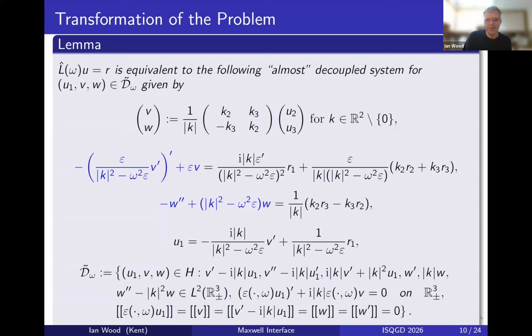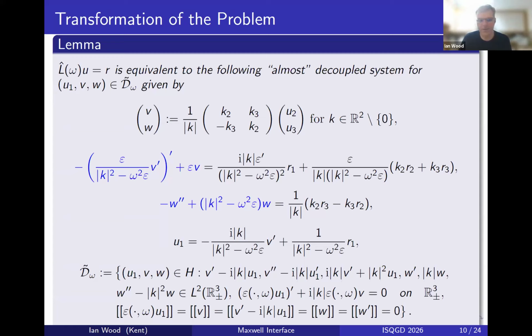Now, the domain looks a bit different here. So originally for the E field, I required that the E itself and its curl lie in L2 of the whole space. So I'm writing that in a different way here. I'm requiring that, after the transformation, the components of the field and the components of the curl lie in L2 of half spaces.